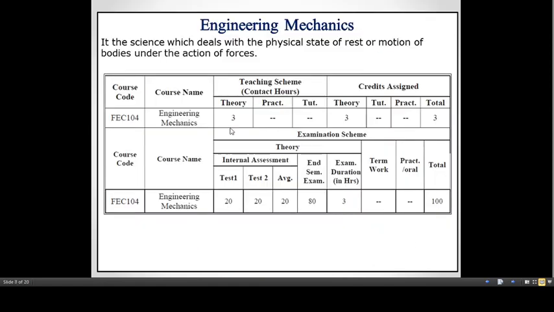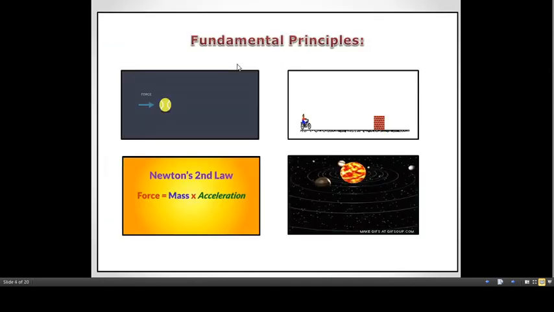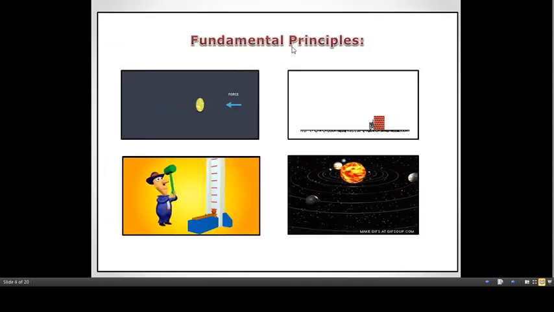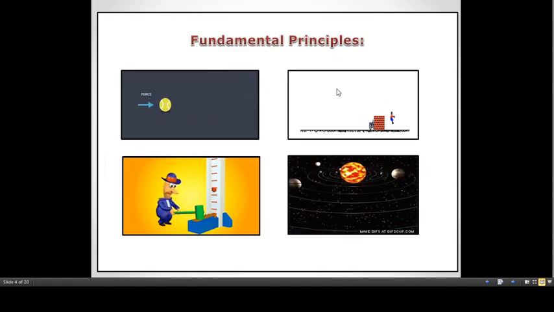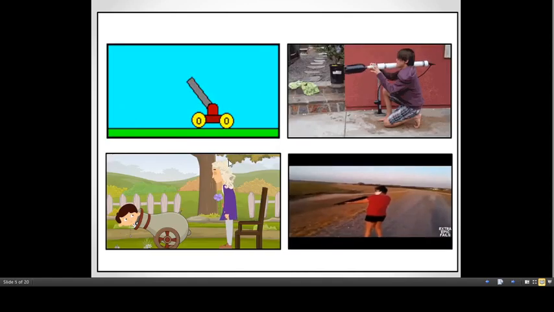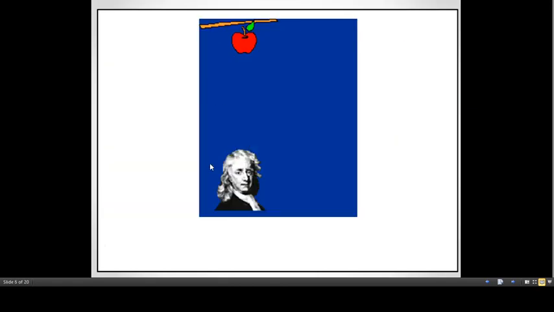Okay, let's start with the actual journey of this engineering mechanics course. So it is the science which deals with the physical state of rest or motion of bodies under the action of forces. Do you know what is common in all the fundamental principles we have seen by considering first law of motion, second law of motion, third law of motion, and then next one, Newton's law of gravitation?